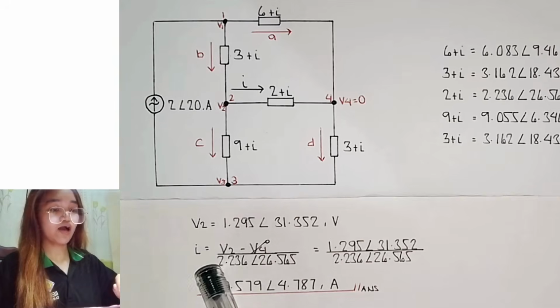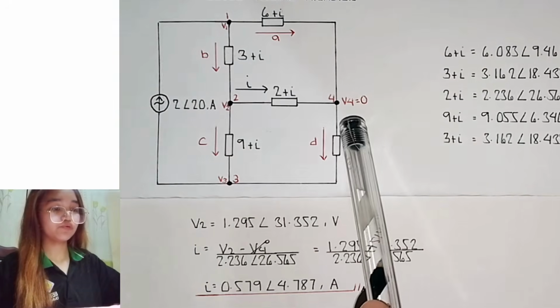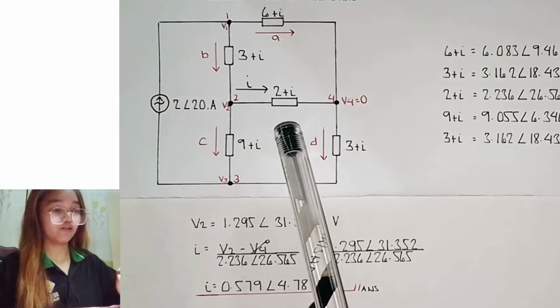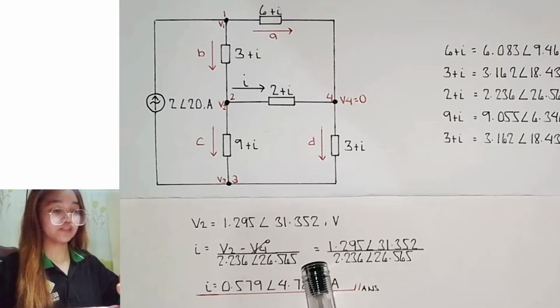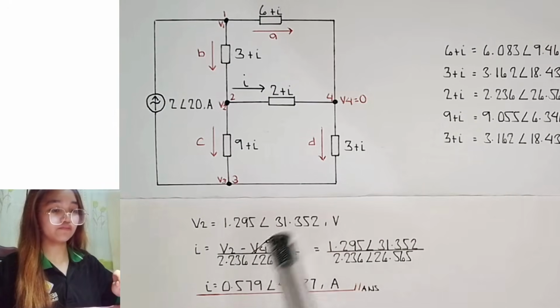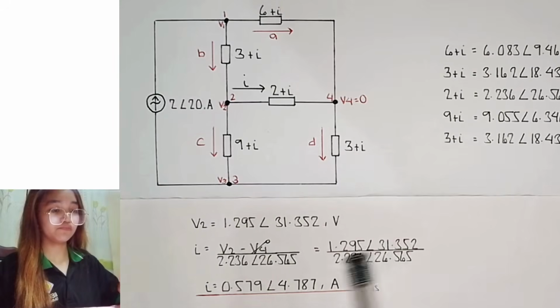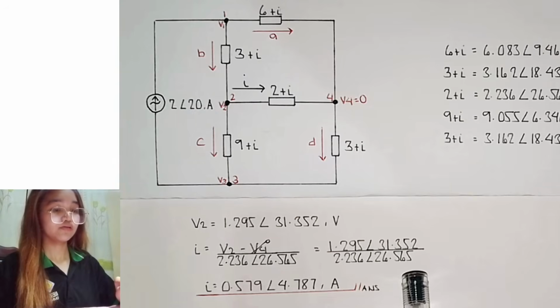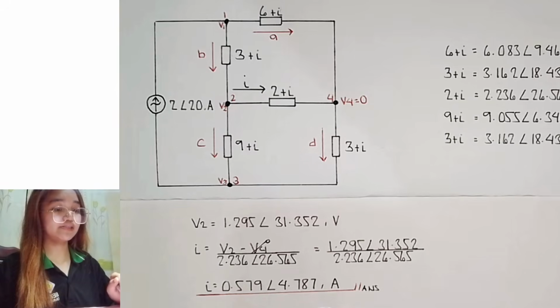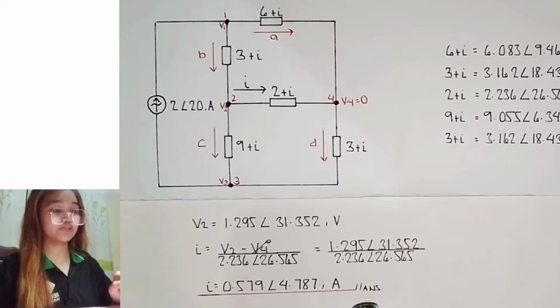So I is equal to V2 minus V4 all over the impedance here, is equal to, substitute the V2, and the V4 is already 0, all over the impedance, 2.236 angle 26.565. So our I now is 0.579 angle 4.787 amperes. So this is the answer.